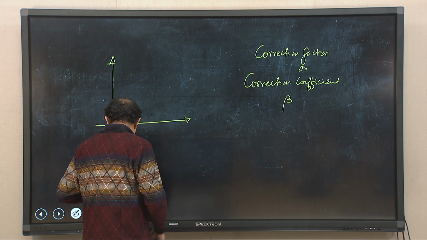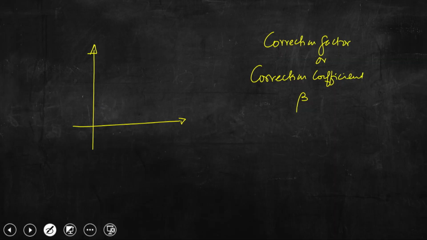We are now discussing the correction coefficient for intake air temperature, so beta IAT.